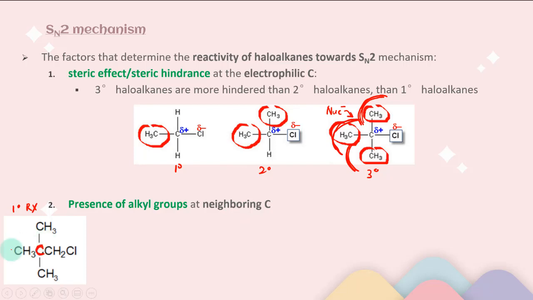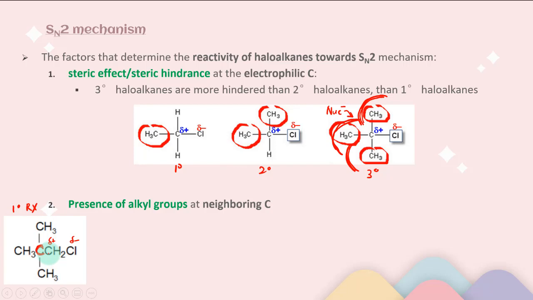carbon. So if you look at the carbons over here, if we try to draw the delta positive, delta negative, this carbon will be delta positive, and then here will be your delta negative. So now we are looking at the neighbor carbons. So for these neighbor carbons, there is a presence of alkyl groups.